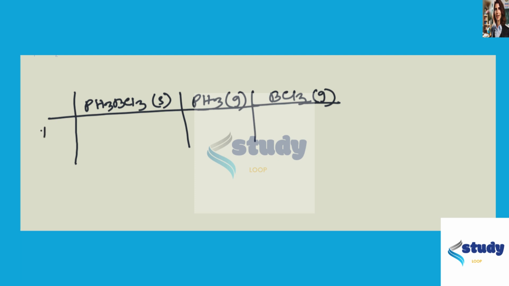So now the initial concentration, if we consider the initial concentration to be x for this solid, then for both the products it will be zero, since initially we don't have any product.